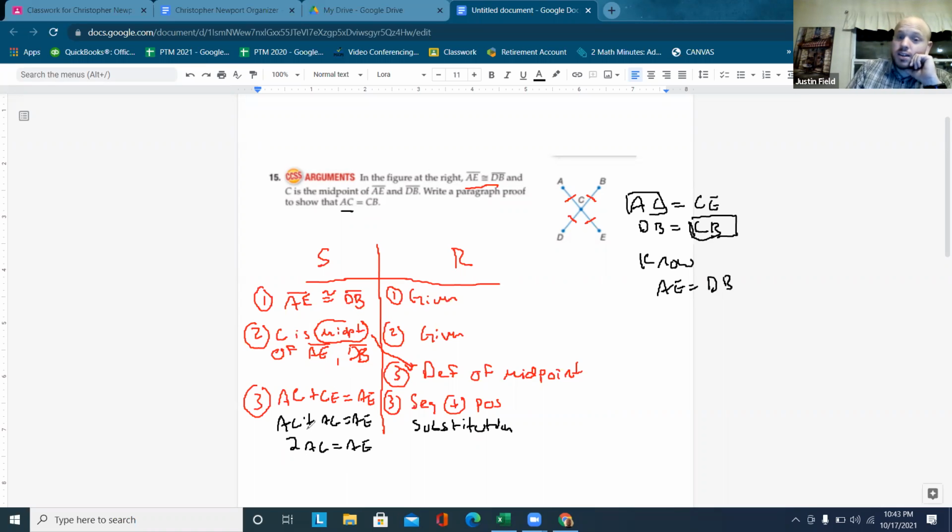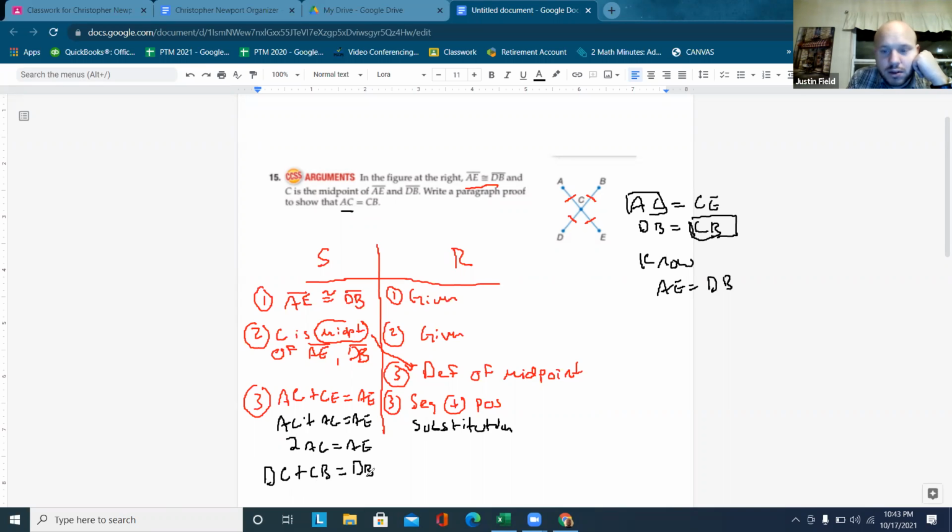So then we can write DC plus CB equals DB. And then we don't want the DB, we want just the CB. So we're going to replace the DB.